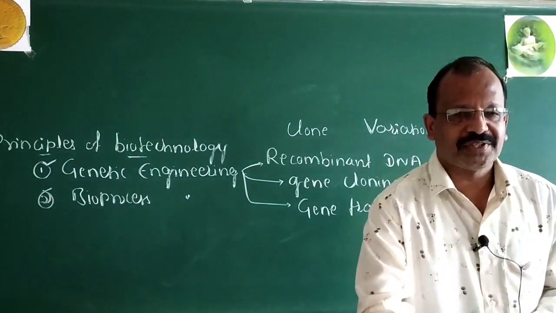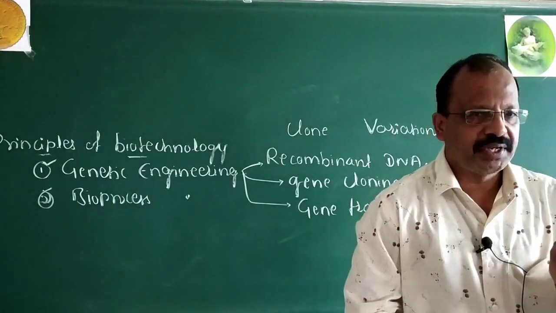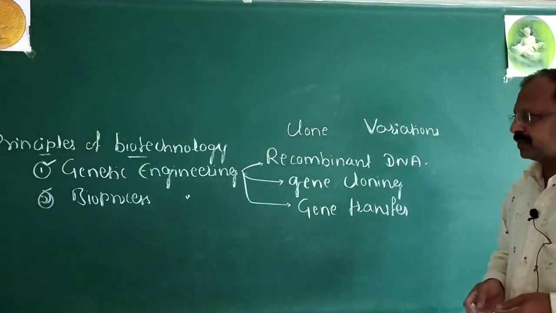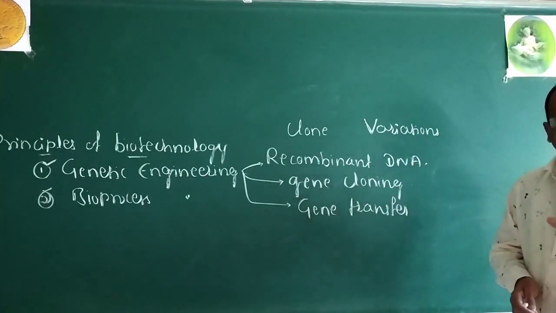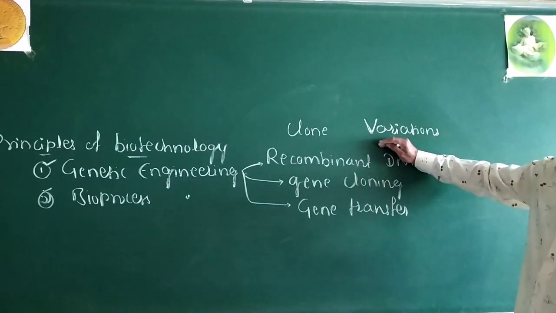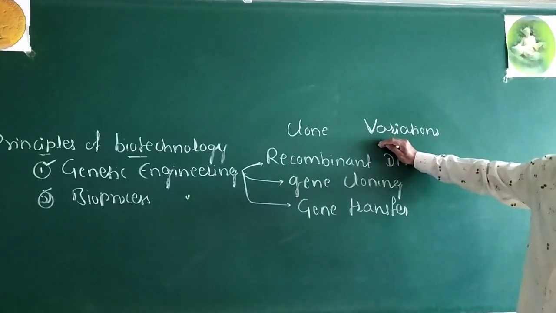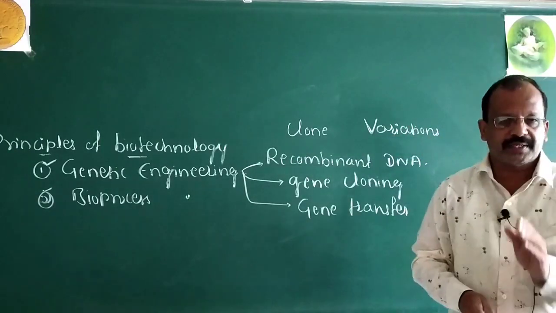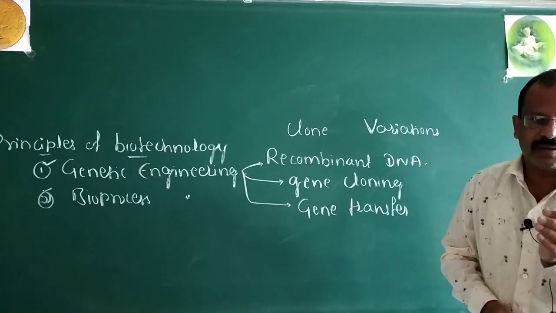Such variations are not produced during asexual reproduction. So look over here, dear students. During sexual reproduction, variations are produced. Some variations are useful. Such variations are not produced during asexual reproduction.